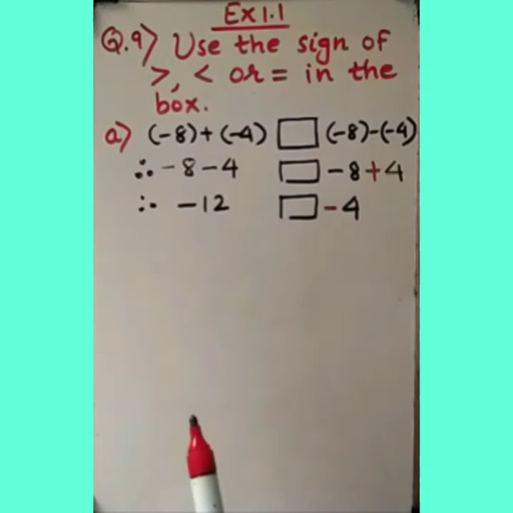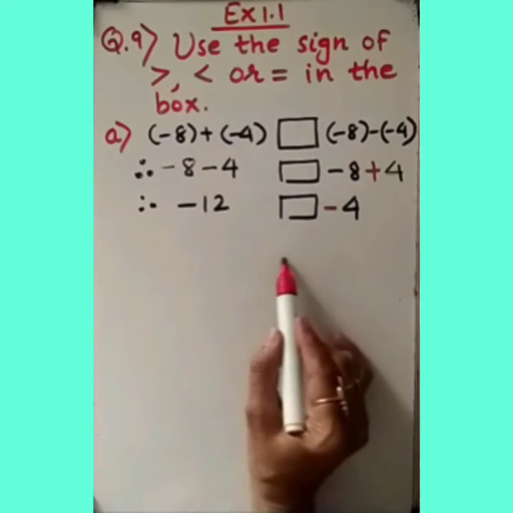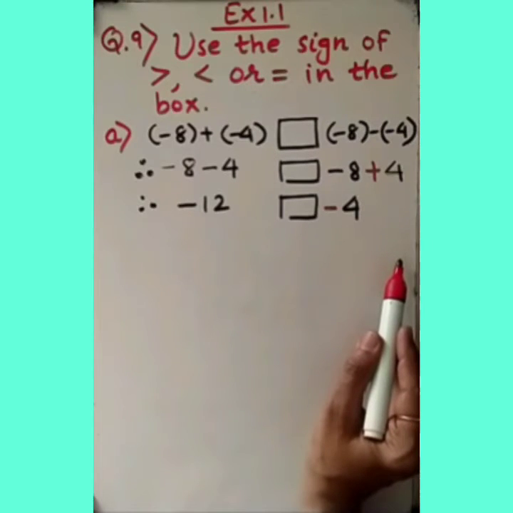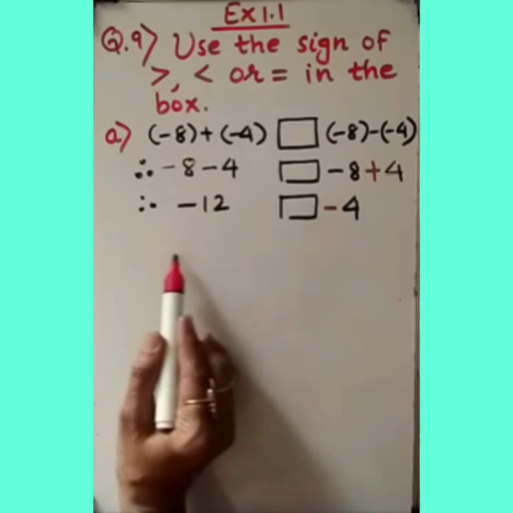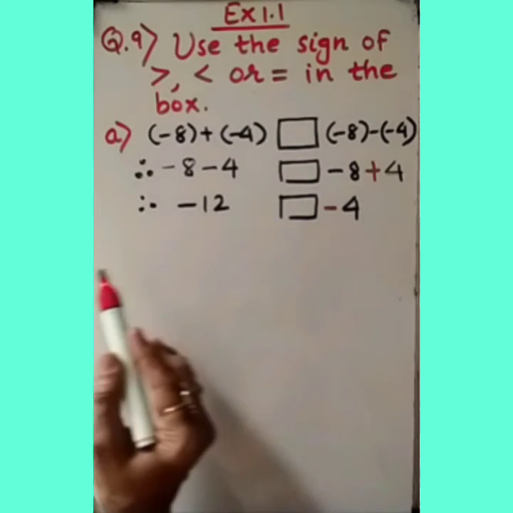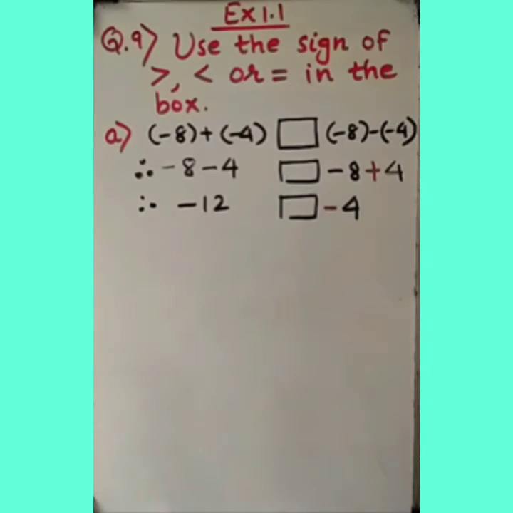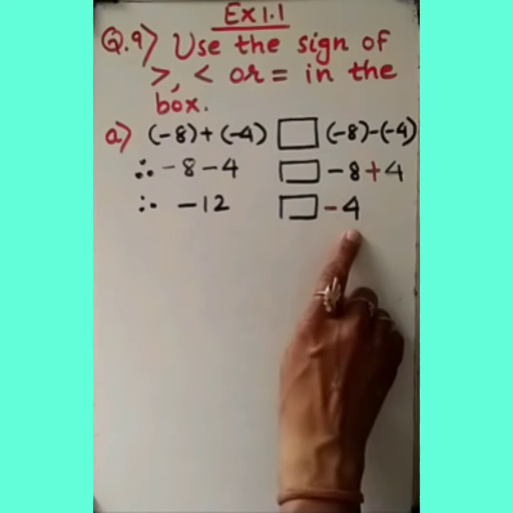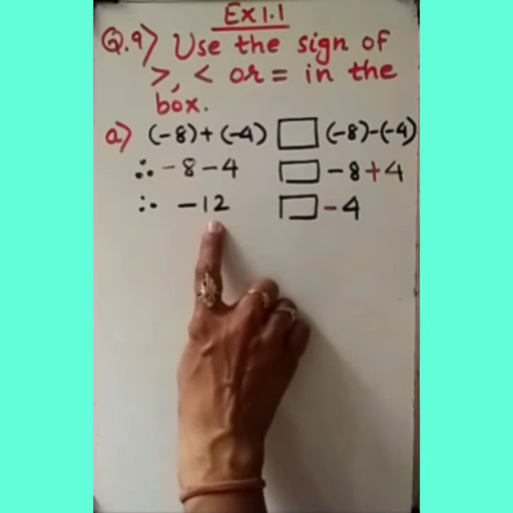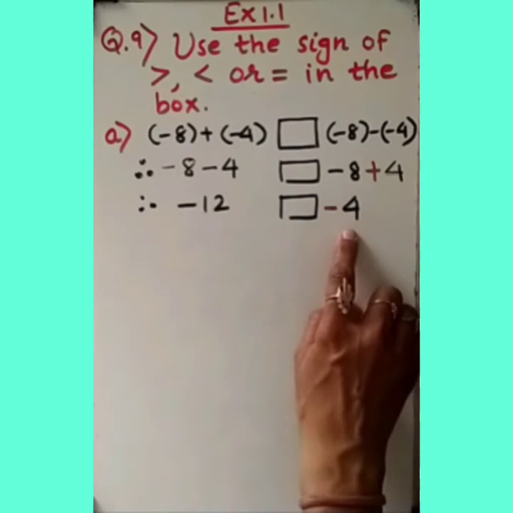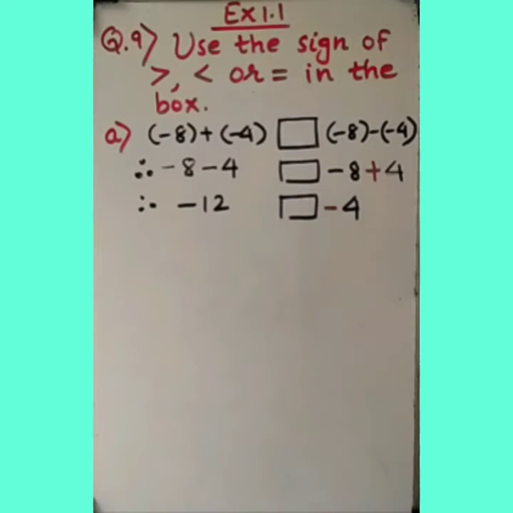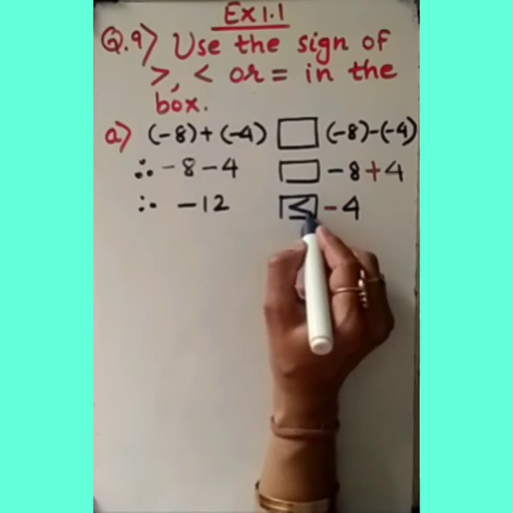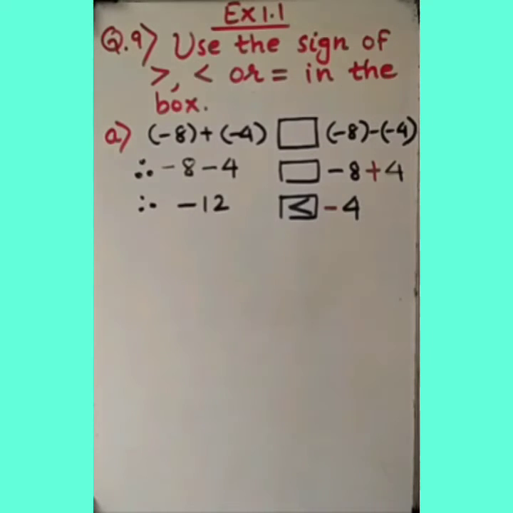And as we know, if we proceed to the right side of a number line, the number increases, and if we proceed to the left side, the number becomes smaller, that is, it decreases. So -12 is left to -4, you know. -12 comes to the left side of -4 on a number line. That's why this number is smaller. So we need to mention the sign this way.